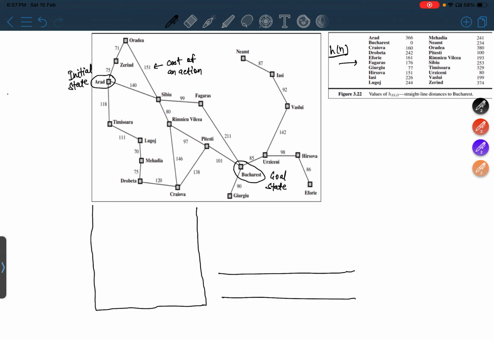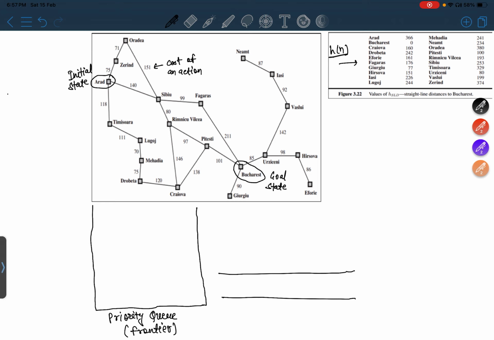Okay, so this is the priority queue. I know this is simply a container, not an exact implementation of the priority queue.